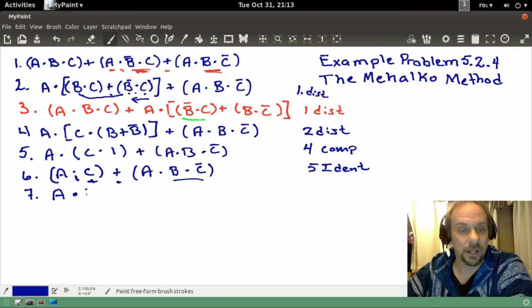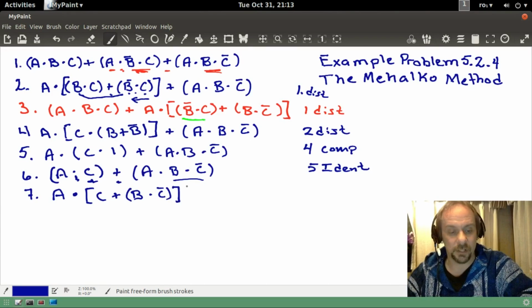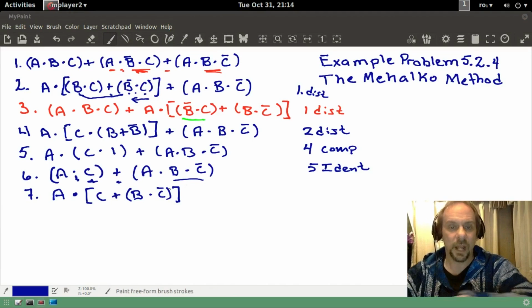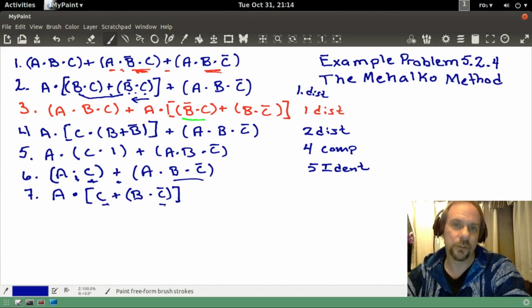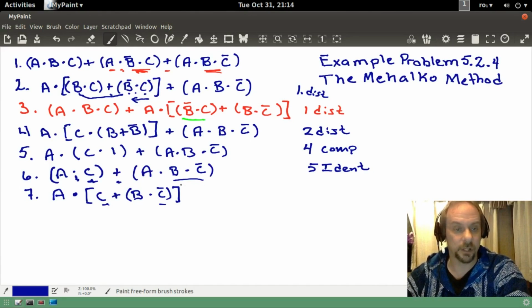So C or B and not C. Okay. Happy. Let's see then. And of course, once again, we get the opposites, the C and the not C, which will go ahead and cancel out to 1 when we distribute it. Oops, this is from 6 via distribution.